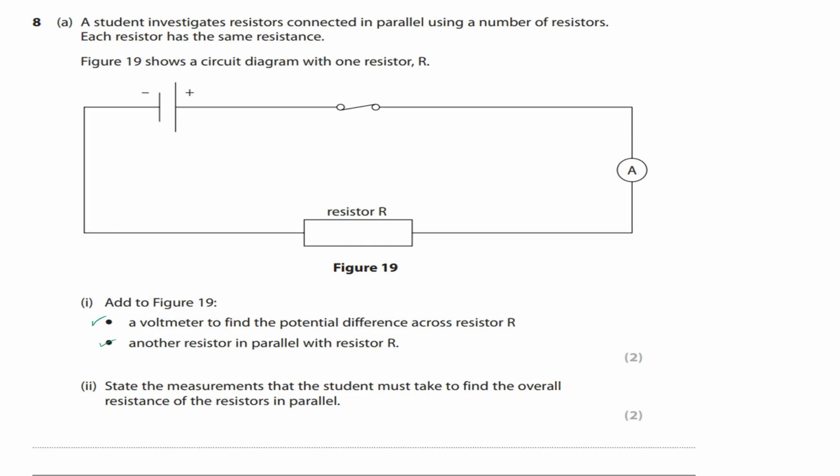So you just need to understand the basic concept of electric circuits. To add a voltmeter, you have to add it to find the potential difference across R. What is the symbol of potential difference? That is V. That is our voltmeter. So we add it here.